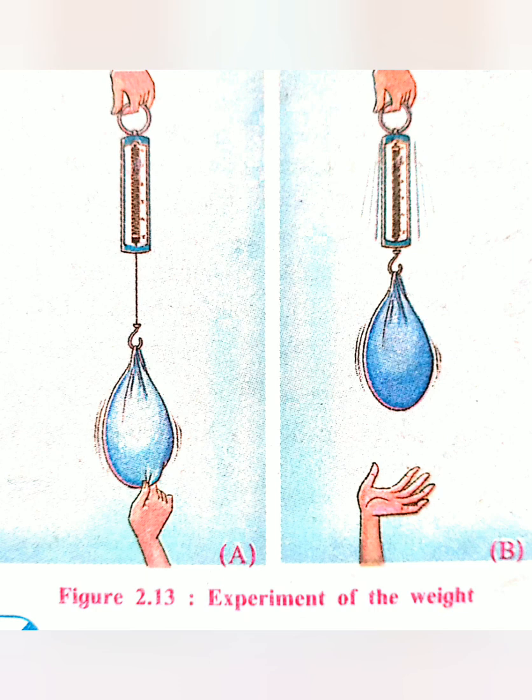As soon as we release the bag, it goes up with a jerk, up to its level. Again it comes down and goes up and comes down with the weight. It happens several times, and then it goes back to normal.